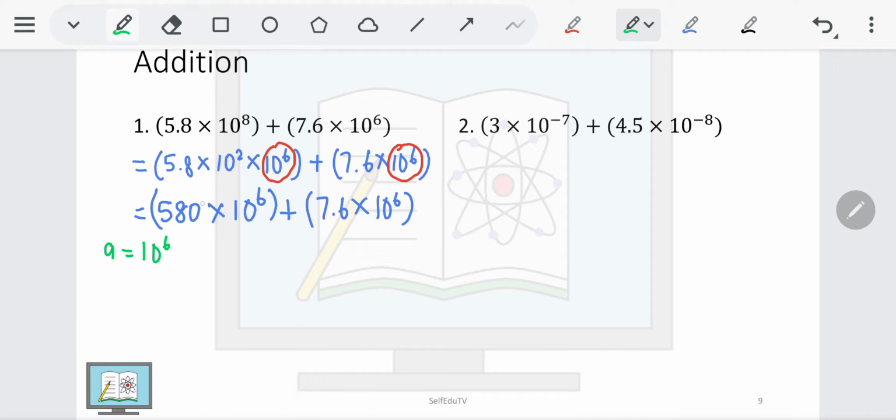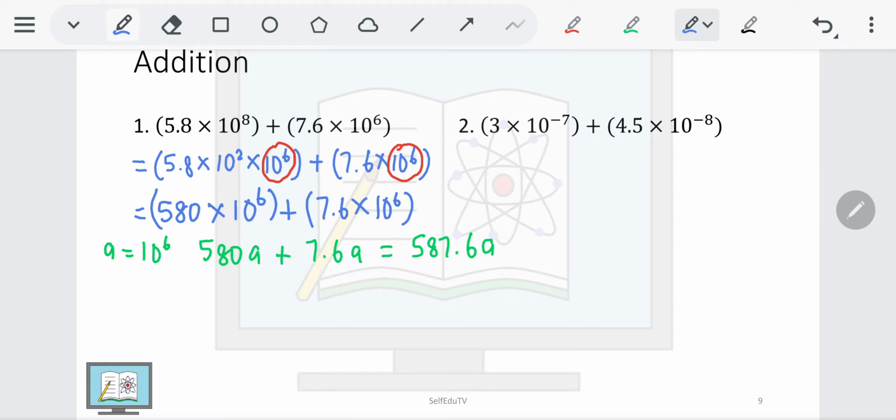So 580 times 10 to the power of 6 means 580 A, plus 7.6 times 10 to the power of 6 means 7.6 A. So can you see? You can just add. Okay, so you can add straight away.